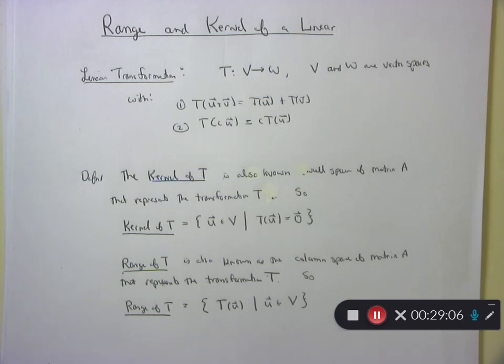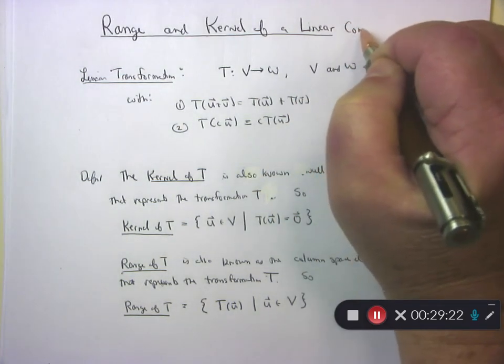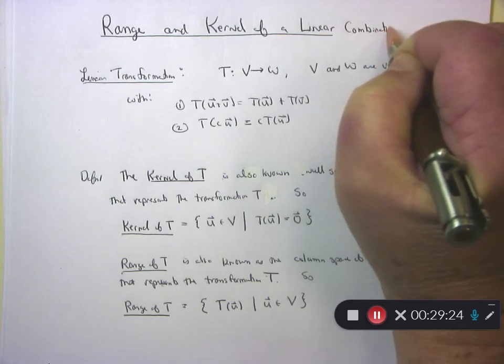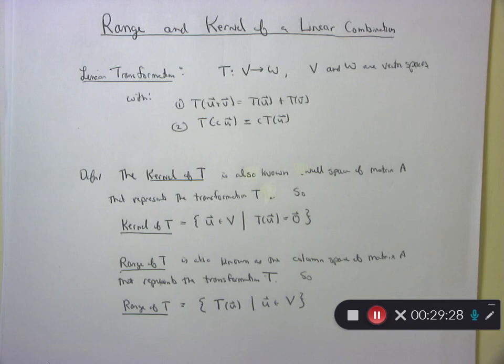The range and kernel of a linear transformation. Linear transformation or combination. So range and kernel of a linear combination and linear transformation.